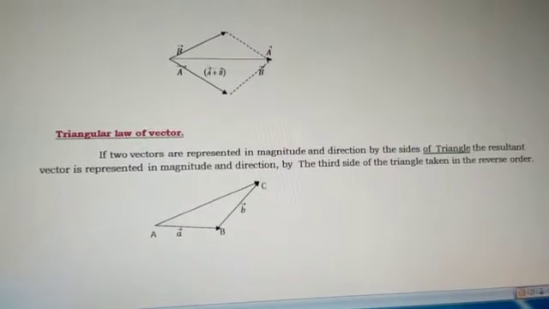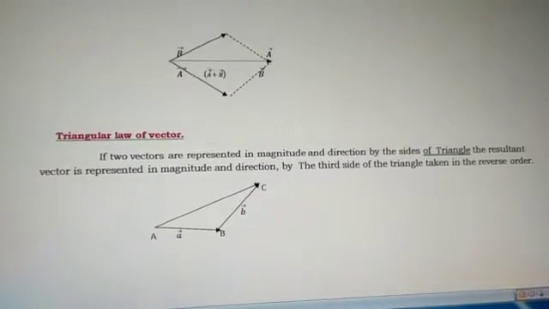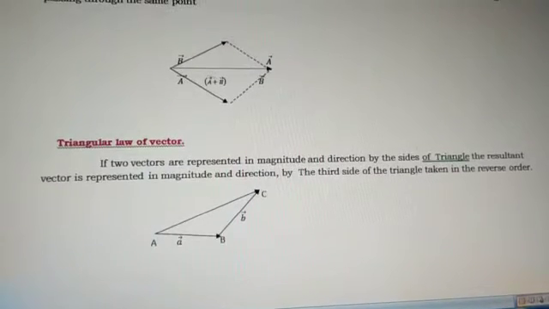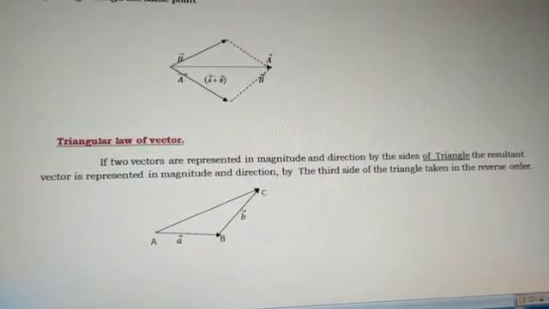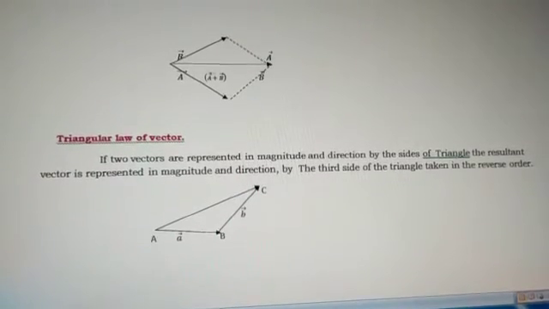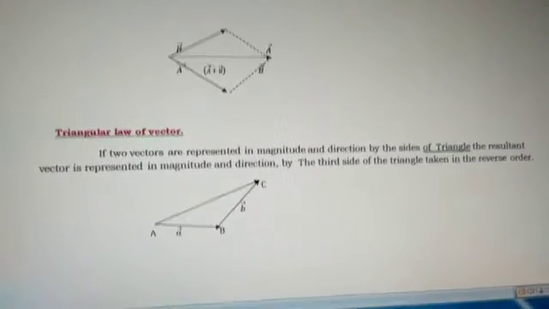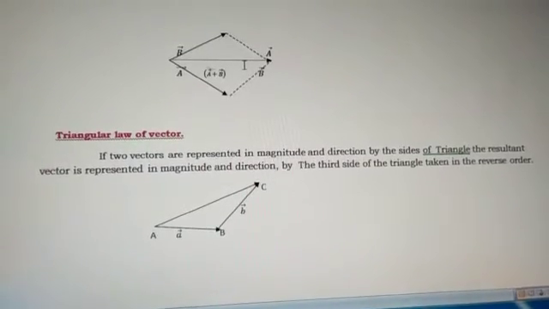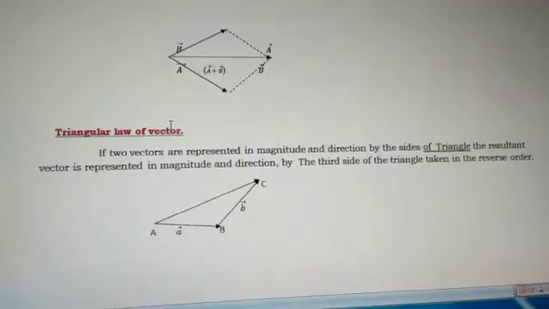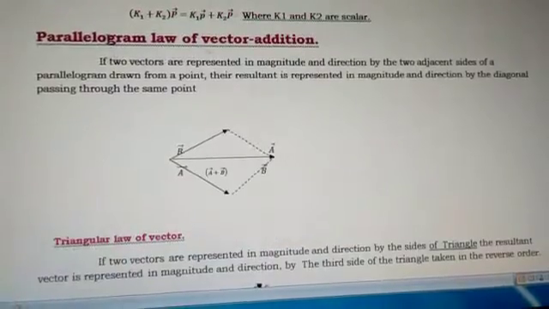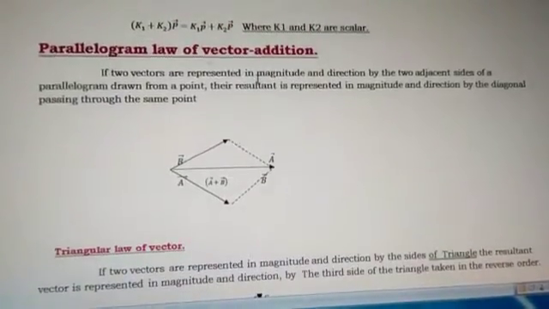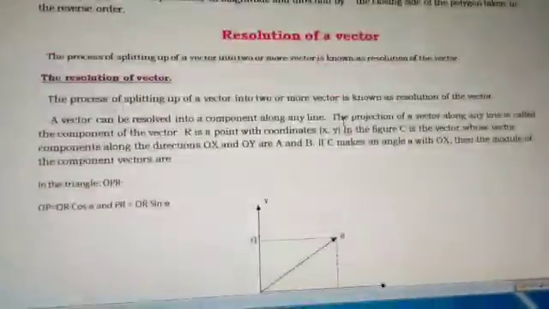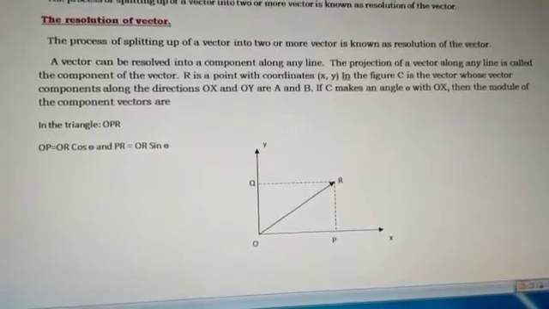If two vectors are represented in magnitude and direction by the two adjacent sides of a parallelogram drawn from a point, the resultant is represented in magnitude and direction by the diagonal passing through the same point of the parallelogram. So these are the two laws we have: the triangular law of vectors and the parallelogram law of vectors. With the help of these we can resolve the vectors.